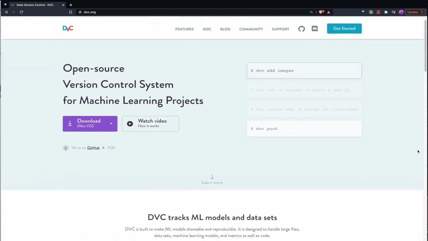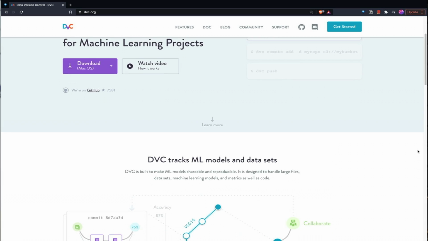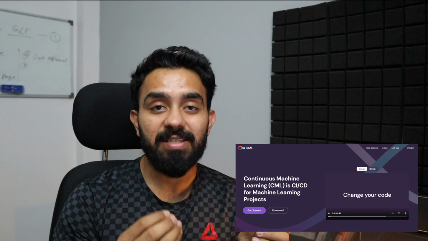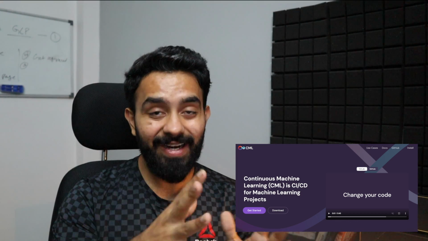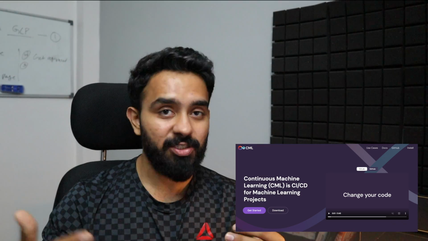So the experimentation process becomes difficult and challenging because when you have to ship your model for production purposes, you kind of feel that the same model is not actually packaged, and for that, reproducibility is a very big concern. And now we have open source tools like DVC, where you can version control your data set, or continuous machine learning, which is the CML tool, where you can write CI/CD pipelines and focus on writing unit test cases and so on and so forth to test your models.